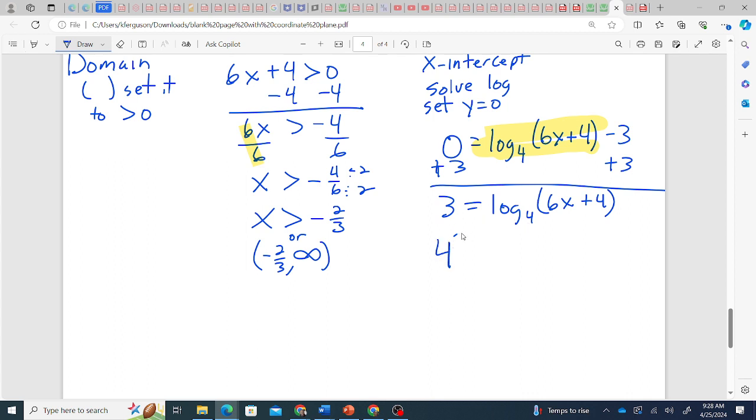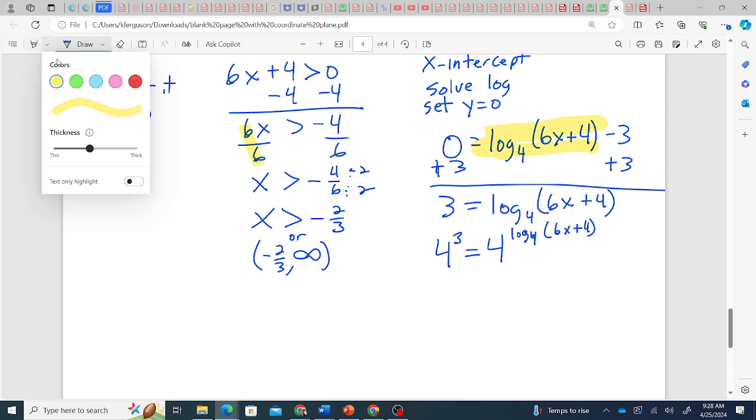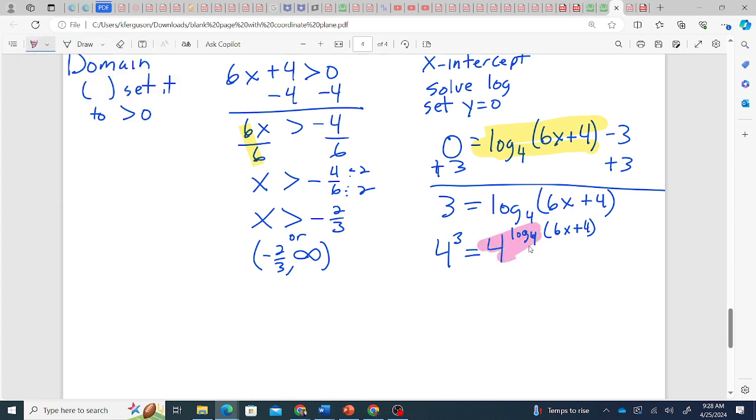So I'm going to have 4 to the third power equals 4 to the log base 4 of 6x plus 4 power. The reason that I did that is because 4 and log base 4 cancel each other out. And that leaves me with my little equation that's up there.